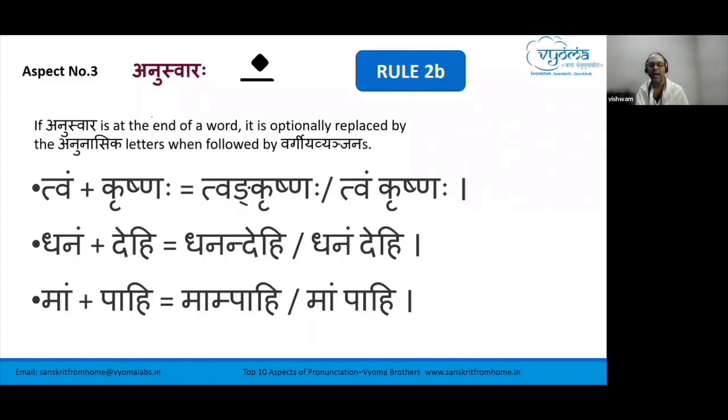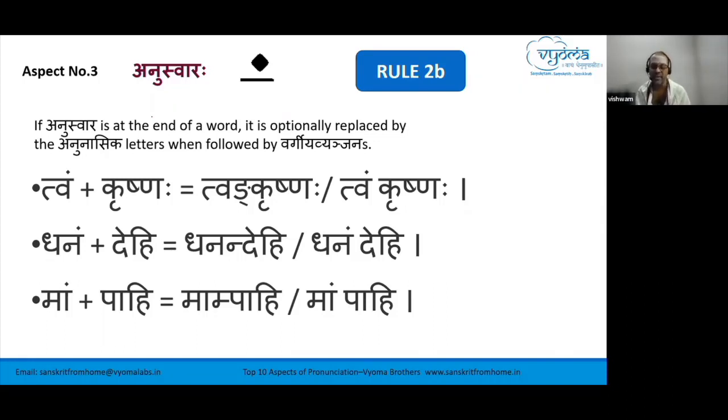So if it is not within one single word itself, if it is between two meaningful independent words and it comes within the pada of the shloka, optionally we can use either Tvam Krishna or Twang Krishna. We can use the 5th letter. 5th means the Panchama Varna of that Varga.